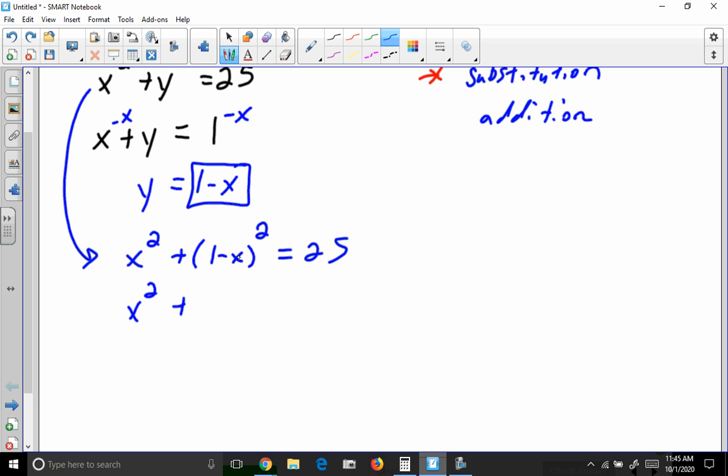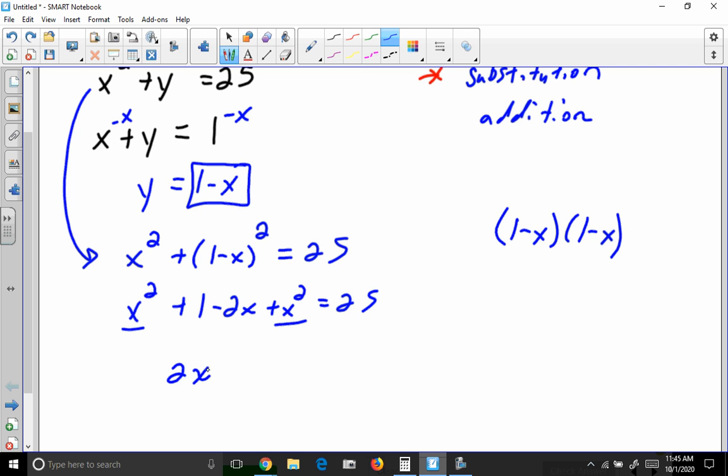Remember, we don't just square each term. We have to write (1 minus x) times (1 minus x), distribute that out, and we would get 1 minus 2x plus x squared. Collect like terms. We have an x squared, another x squared, so that's 2x squared, minus 2x plus 1 equals 25.